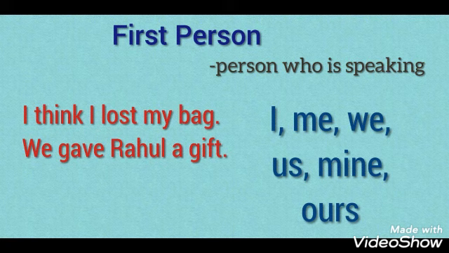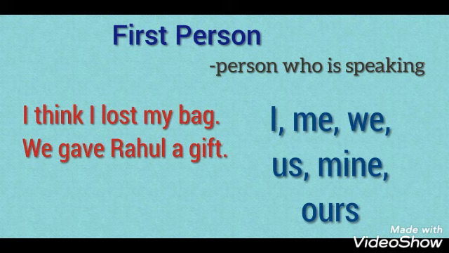The first sentence, I think I lost my bag. Here I is used for the person who is speaking. I is a personal pronoun which is used for the person who is speaking. So I is the first person pronoun. Then the next one, we gave Rahul a gift. Here we is a pronoun used for the person who is speaking.